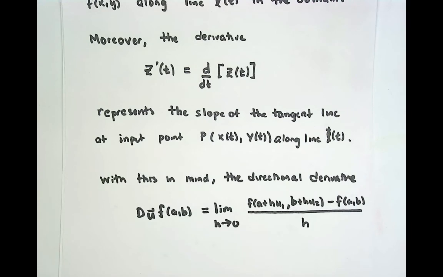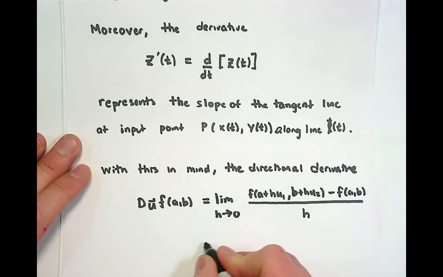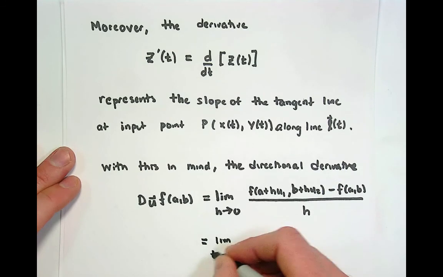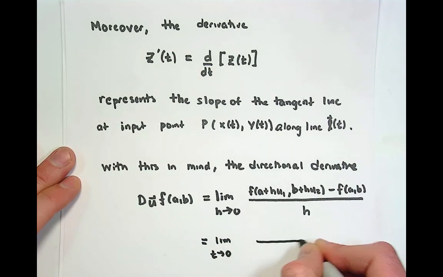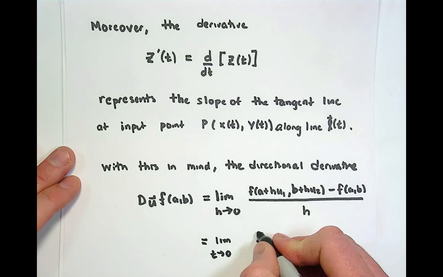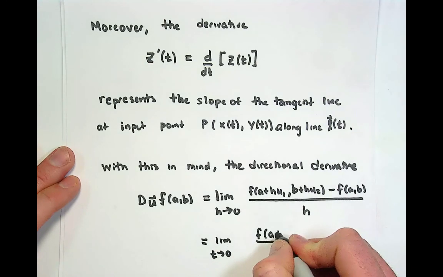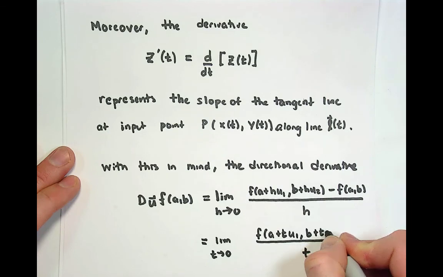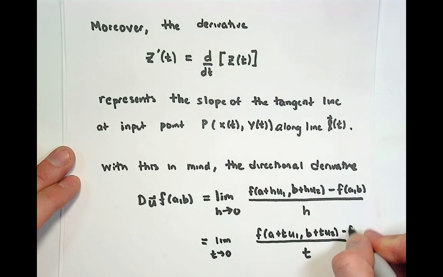But if you recognize this, we could have equally said that this was the limit as t goes to 0, where this is now t, and this would be f of a plus t u1. So we're just changing the parameter name here, and you'll see why we did this in a second.